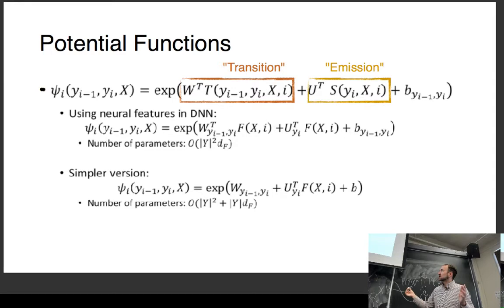And this can capture things like maybe a noun is very likely to come after a determiner, or a determiner is not likely to come after a determiner, etc. And now we have y, the size of the tag set, y squared parameters plus y times the embedding size, which we use for the second.